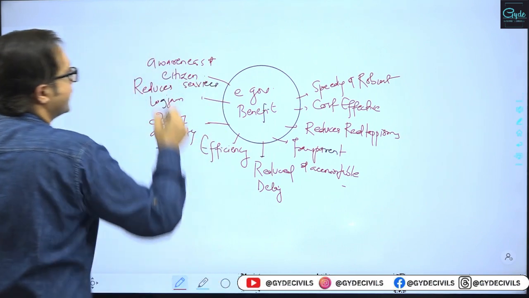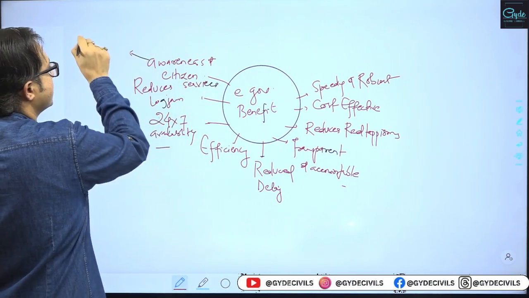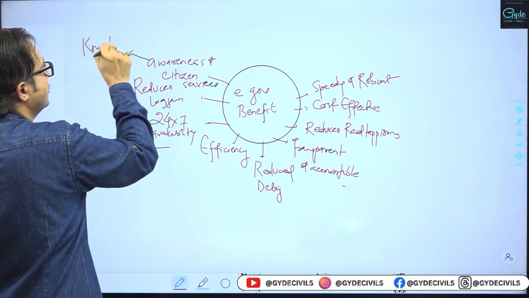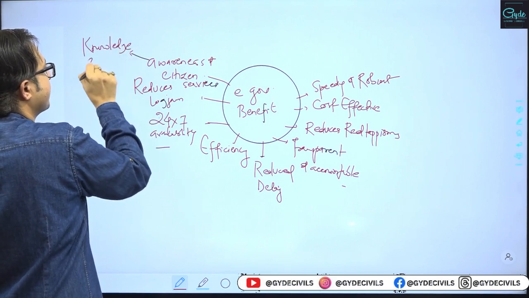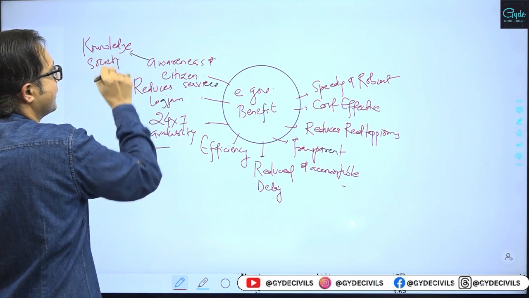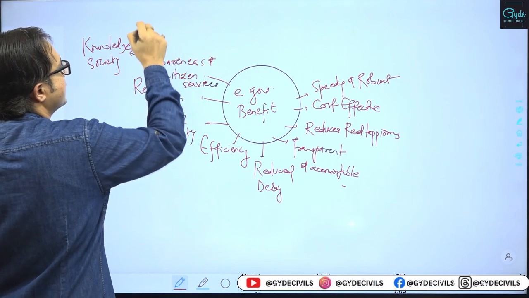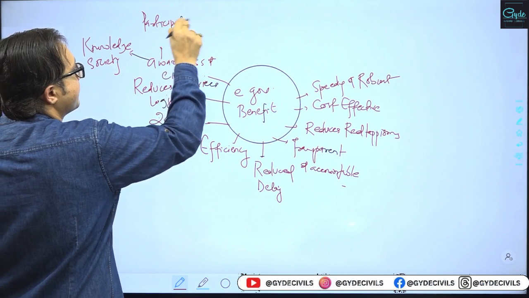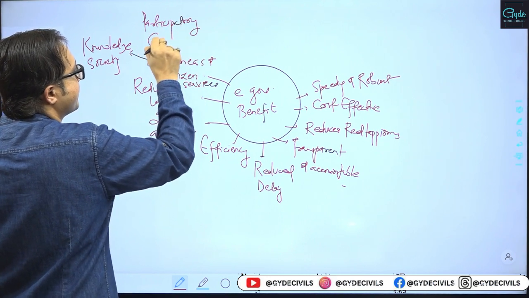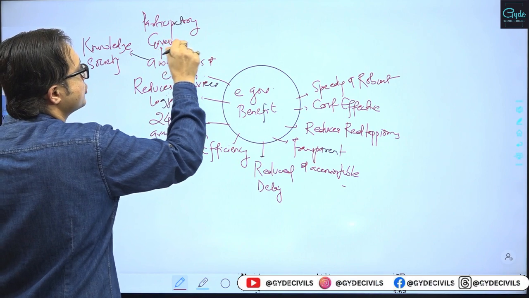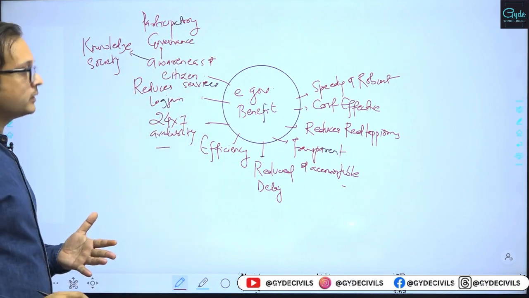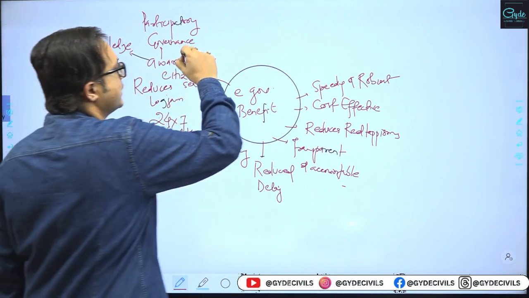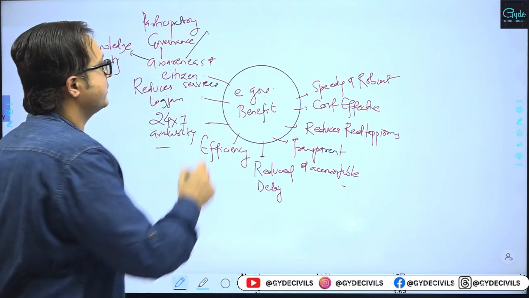In fact, this fosters knowledge society formation. This also increases participatory governance, when people start to participate with the government. Cooperative federalism.